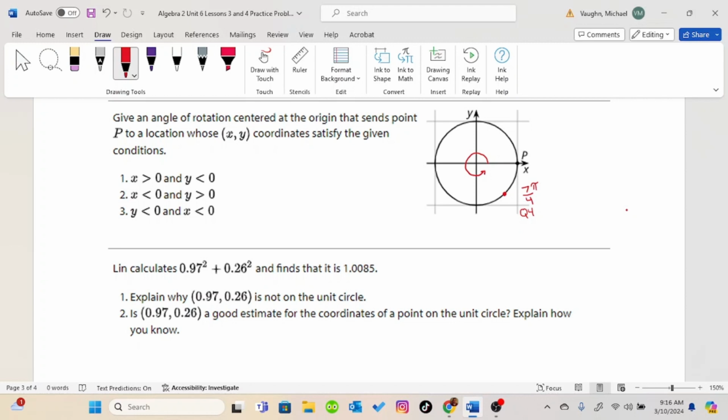Because I've got 4/4 when I go halfway and hit 1 pi, and then I've got another 3/4 until I hit halfway around quarter 4. So for number 1, we could say 7/4 pi.